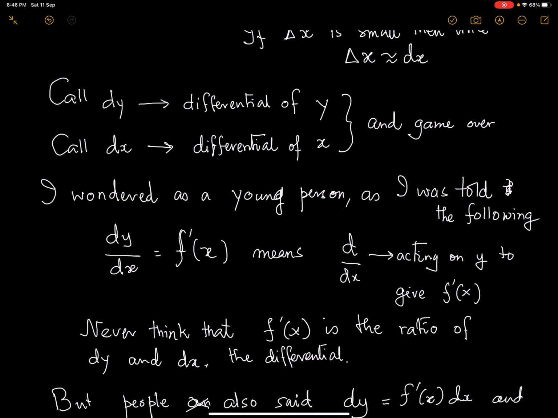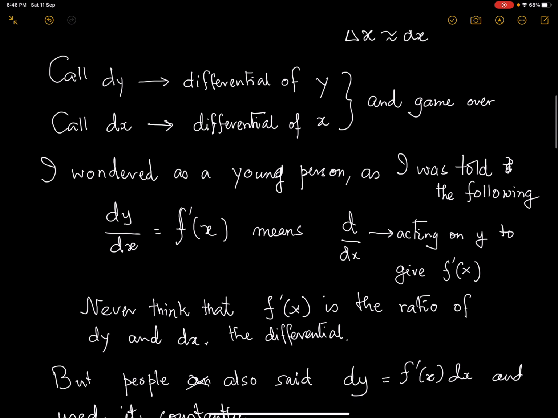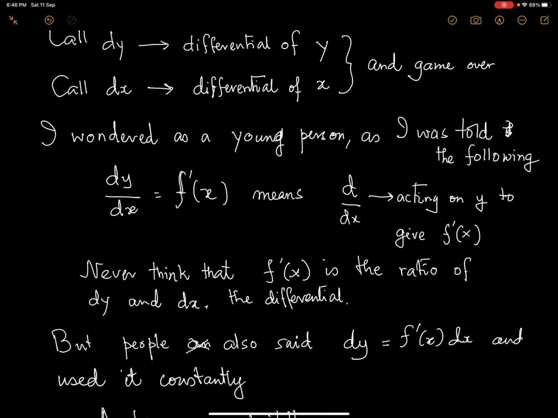You have to take the limit of those ratios to get f dash x. So here it is a symbol. Symbolically, dy/dx means d/dx is acting on the function y, or function f, to give me f dash x. And I was told never think that f dash x is the ratio of dy and dx, the differentials.